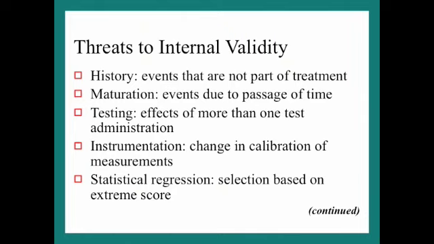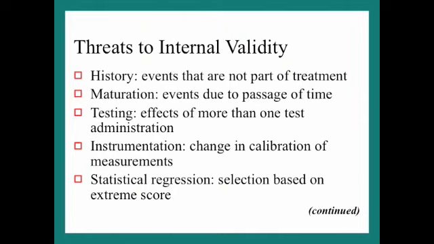And the instrument, we've talked about the reliability and validity. Reliability is the ability of the instrument to measure the same thing repeatedly over and over. And validity is, does it actually measure what it's supposed to measure? And so sometimes there can be a lack of instrument validity and reliability.